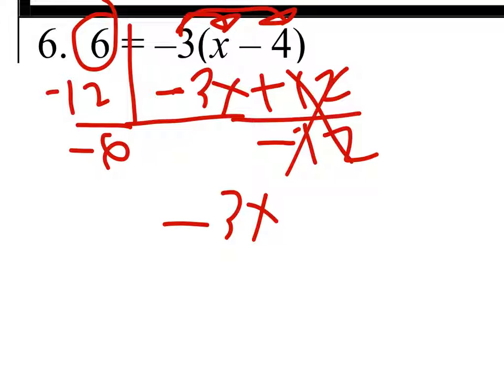You want to get x by itself, so you divide it out or something to get x by itself. So maybe subtract. Yeah, divide it out. Negative 3. Yeah, negative 3. And I think that gets x by itself.